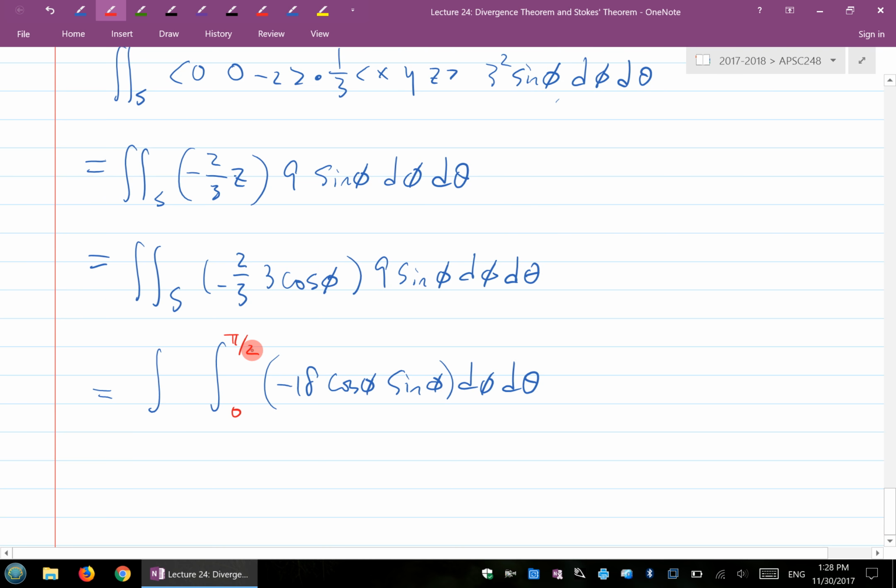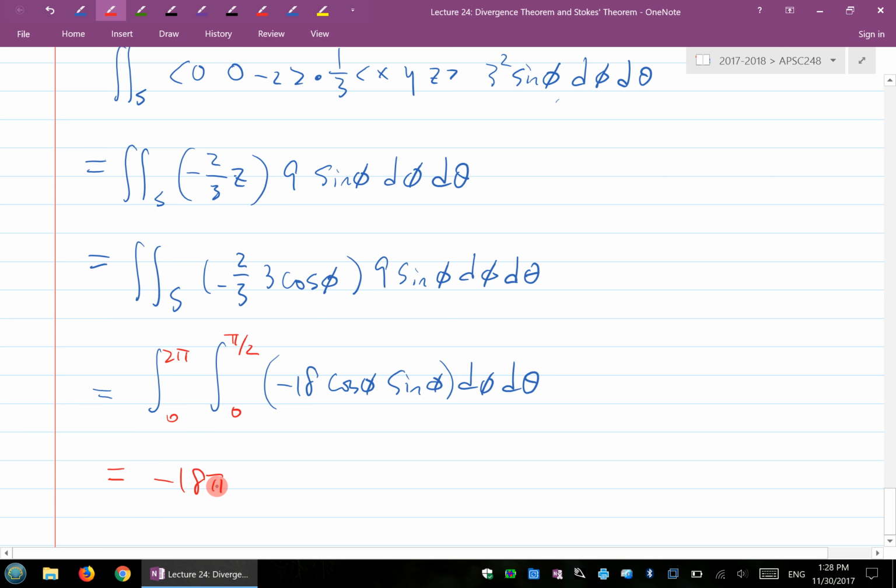Theta then sweeps around the whole circle, 0 to 2 pi, so you scan through the whole surface. The integral needs one step of the substitution rule, which is quite simple. Overall you get -18 pi.